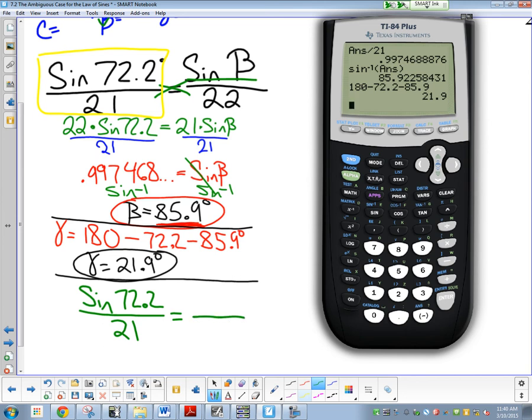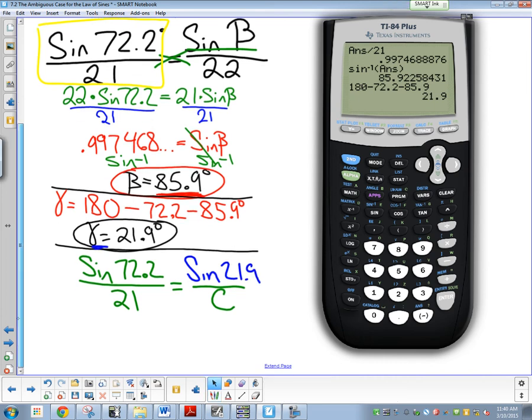C. So if we're solving for C, where does C go? Does C go on top or bottom? Bottom, it's a side. And on top, I'm going to write sine of 21.9, gamma. We're solving for C, so we're using its buddy, gamma. Okay? There it is. It's a proportion.